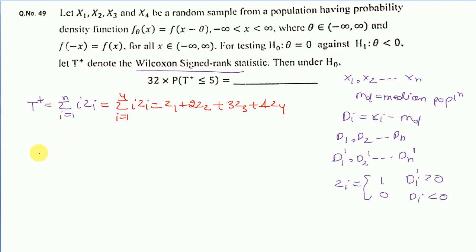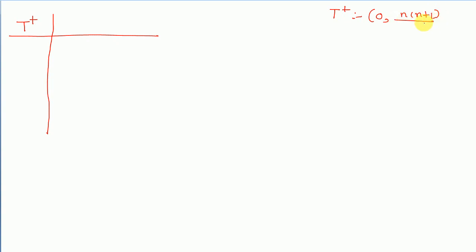You can see the first column of the table will be the value of T plus. Your T plus will always take values in the range of 0 to n(n+1)/2. Since our n is equal to 4, the value will be from 0 to 10.